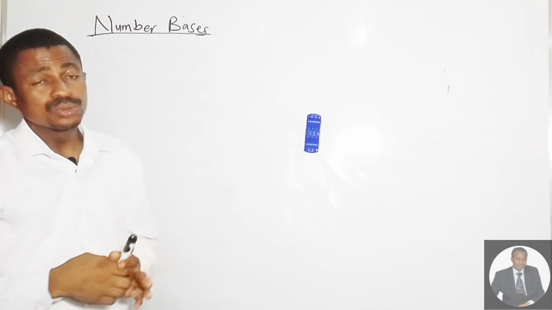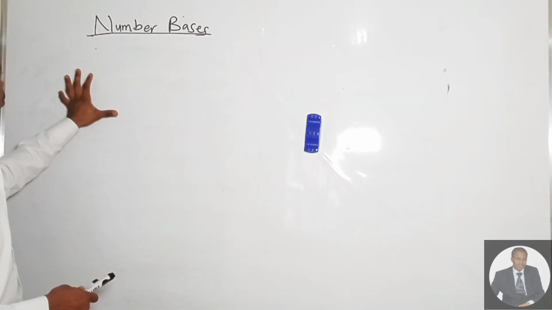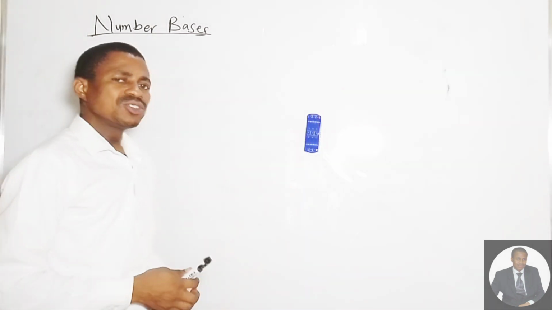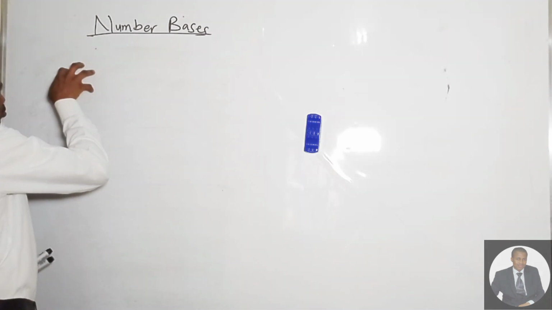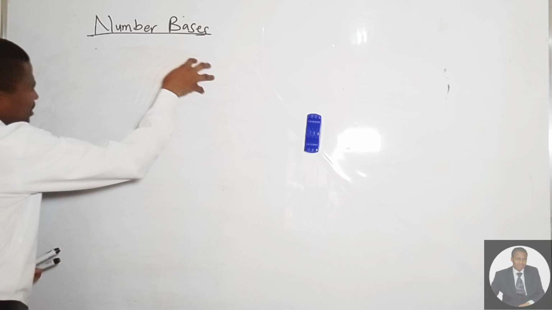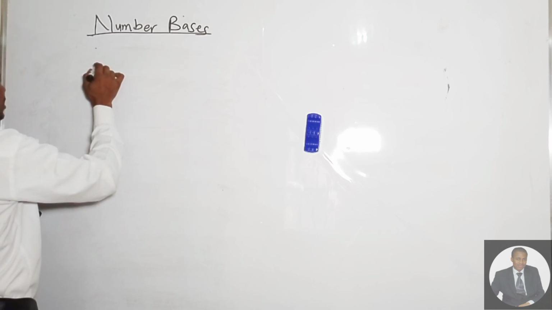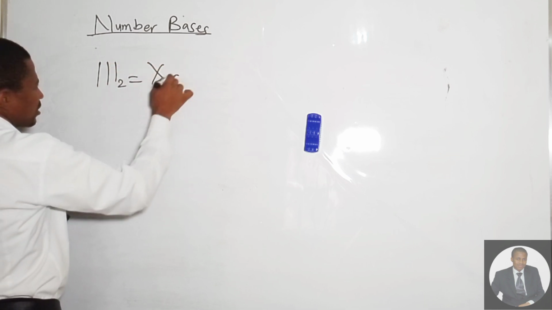What we did just now is to convert base 10 to other bases. Now, how do we convert from a particular base to base 10 or another base? Let's assume we have a question like convert 111 base 2 to something in base 5.